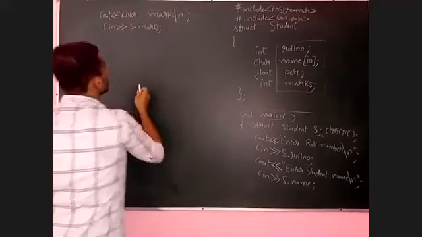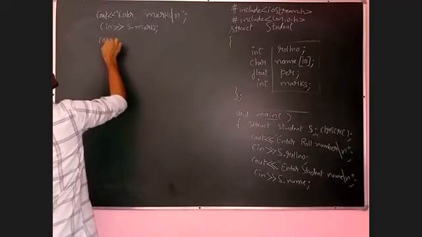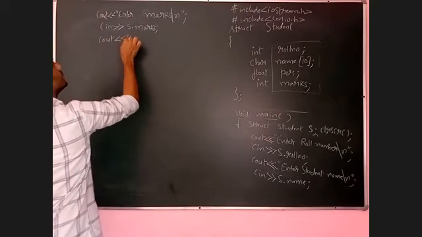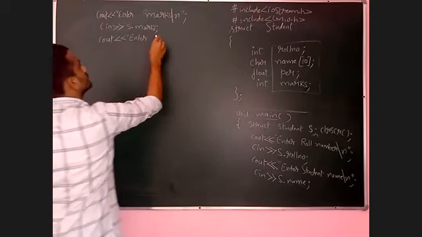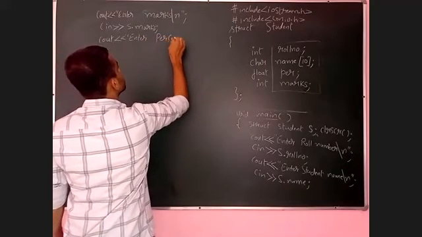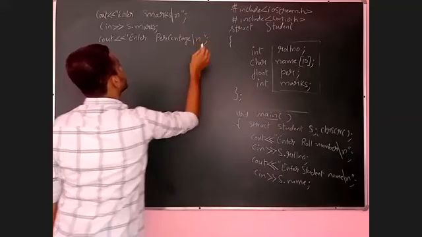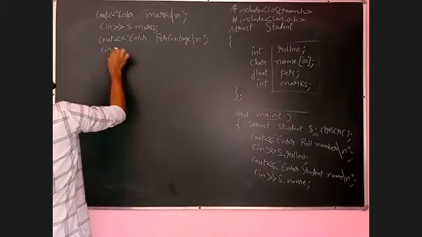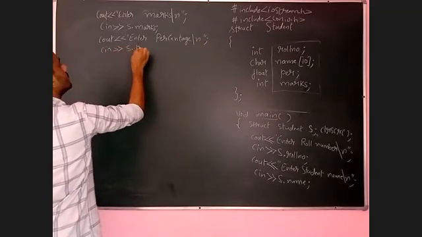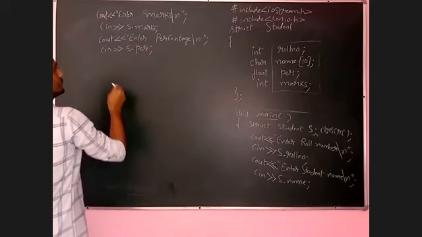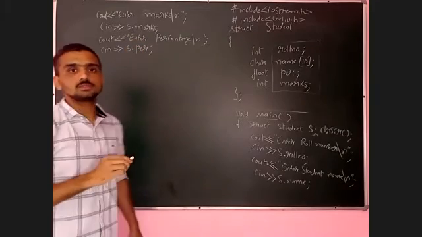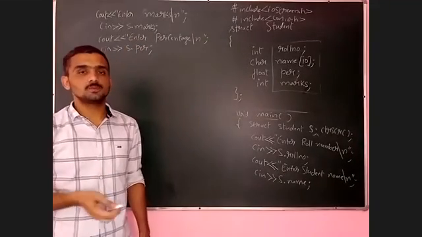See, generally marks is entered first, then percentage, right? So cout: enter percentage. Then cin extraction operator, s dot pr. So after entering all the values, the next concept is to display.